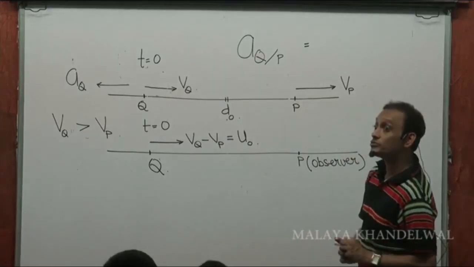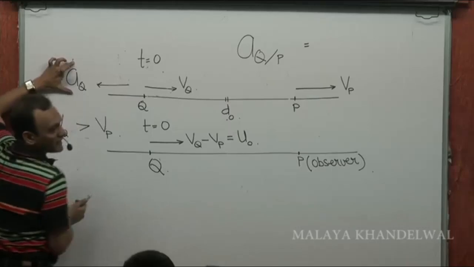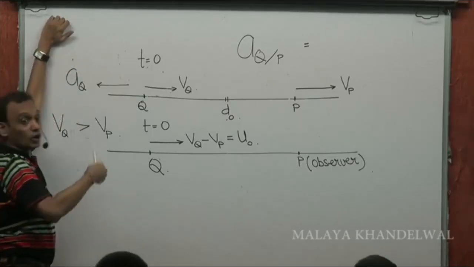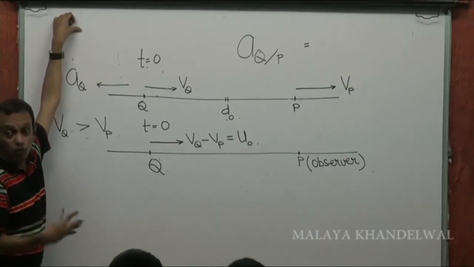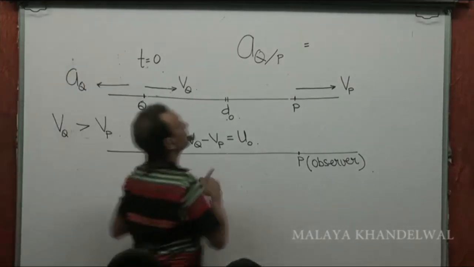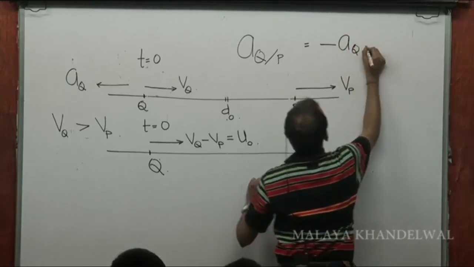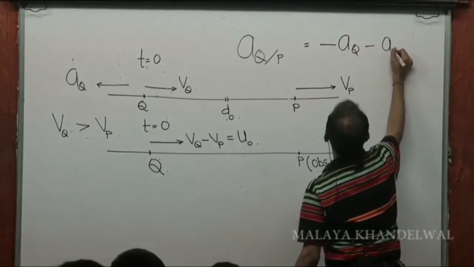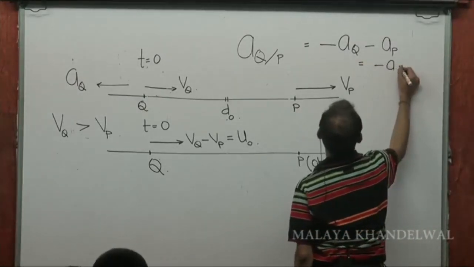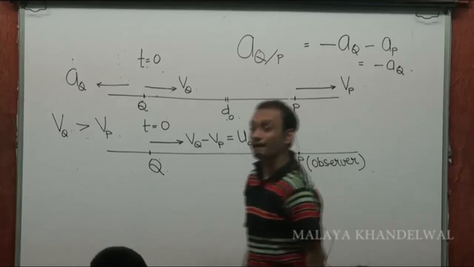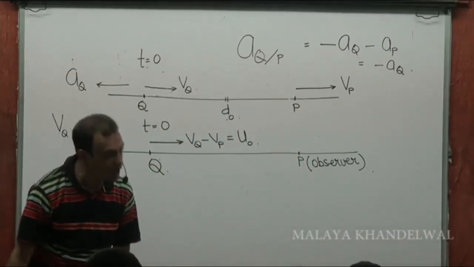So acceleration of Q is going to be minus AQ. Suppose AQ was 20 meters per second squared, then along with its sign, it's going to be minus 20. Acceleration of Q minus acceleration of P. What is acceleration of P? 0. So that's going to be minus AQ. That's the acceleration of Q as seen by P. Yes or no? Right?